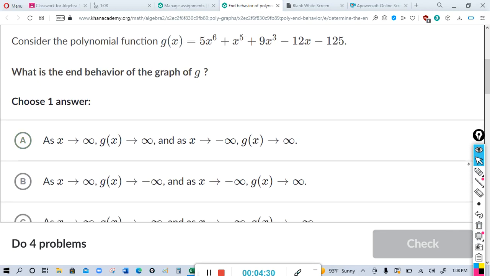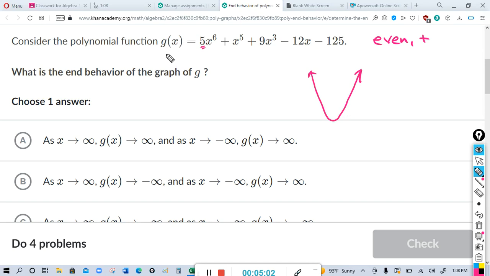So let's see. The highest exponent is 5x to the 6th. So it's even. And the coefficient in front of the x to the 6th is a 5, so it's a positive coefficient. It's even and positive. So the graph, like we said, is going to look like that.